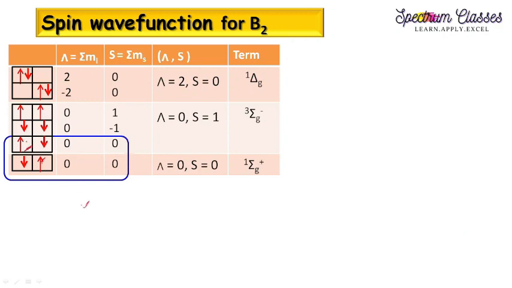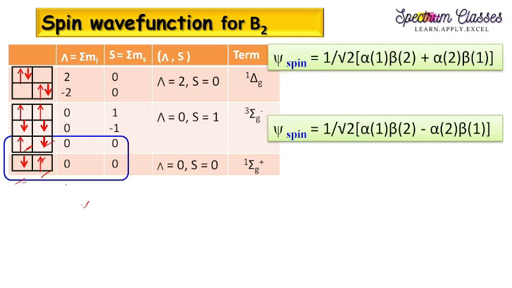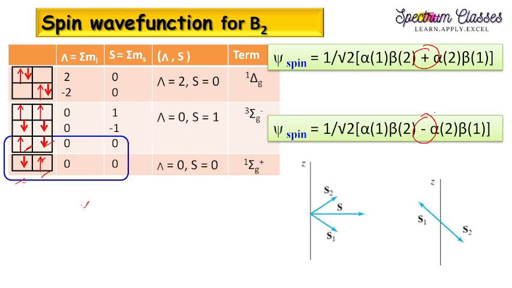Now coming to the next two cases, we again have the same situation. Electron number 1 is up spin and electron number 2 is down spin, whereas here electron number 1 is down spin and electron number 2 is up spin. For these two, we again write normalized wave functions which have superposition states. This one has a plus sign and this one has a minus sign. Here, one is going in the positive direction and the other in the negative direction, but the resultant is along this, and S is equal to 1. So this is a symmetric wave function.